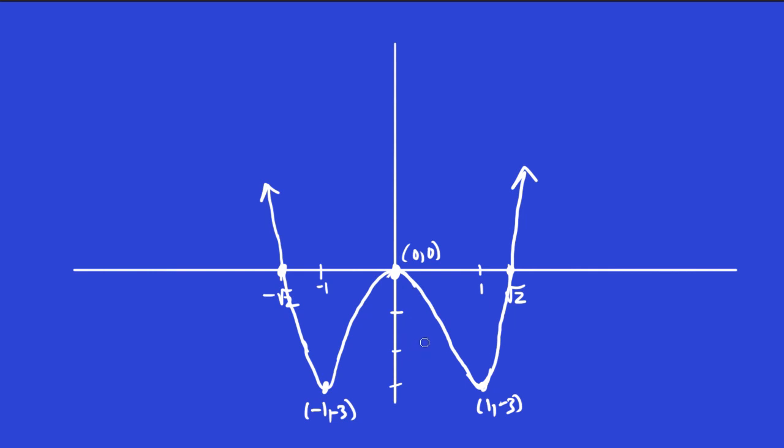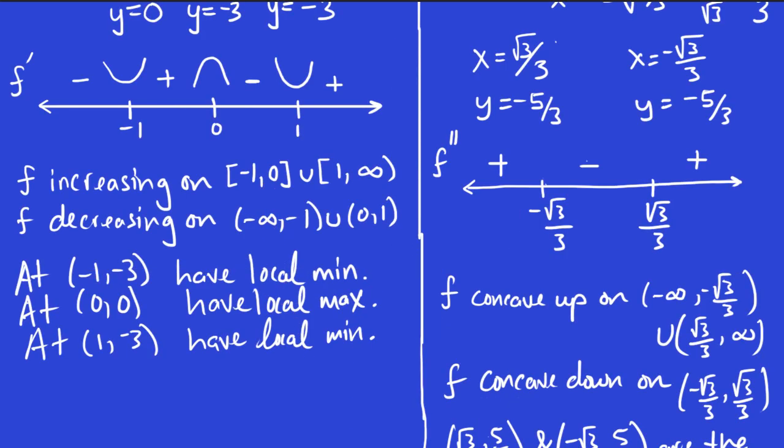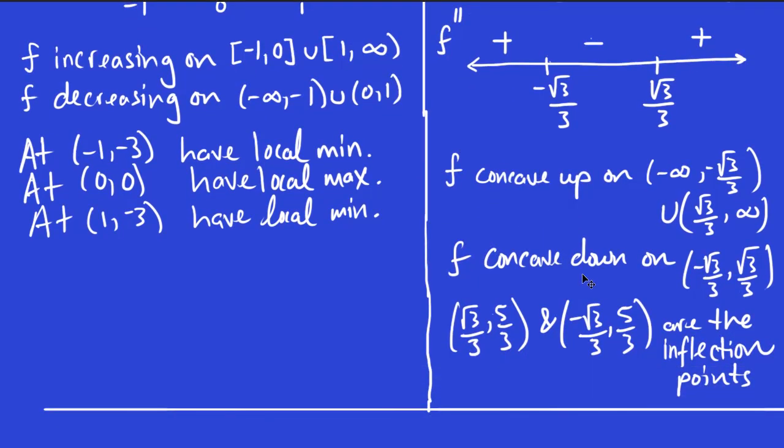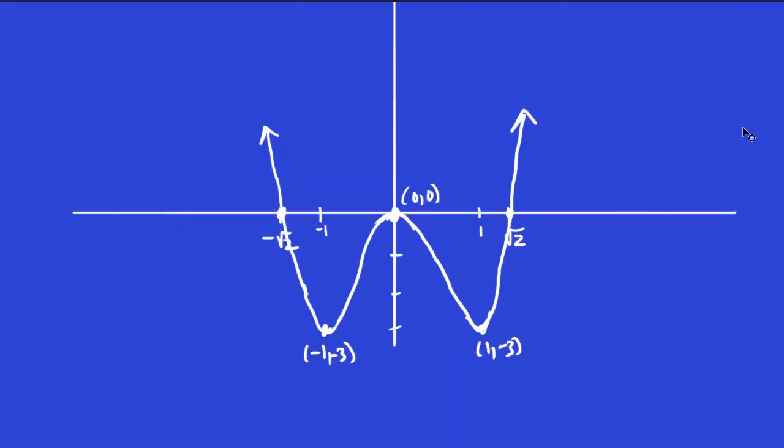And notice the inflection points are right here, right? It's a little bit hard to see, but it's like here it's concave down, but then it changes to concave up, right? And that occurs somewhere around, well, let's look what we have here. It's at 5/3, right? Which is 1 2/3. So it's about 1.666.